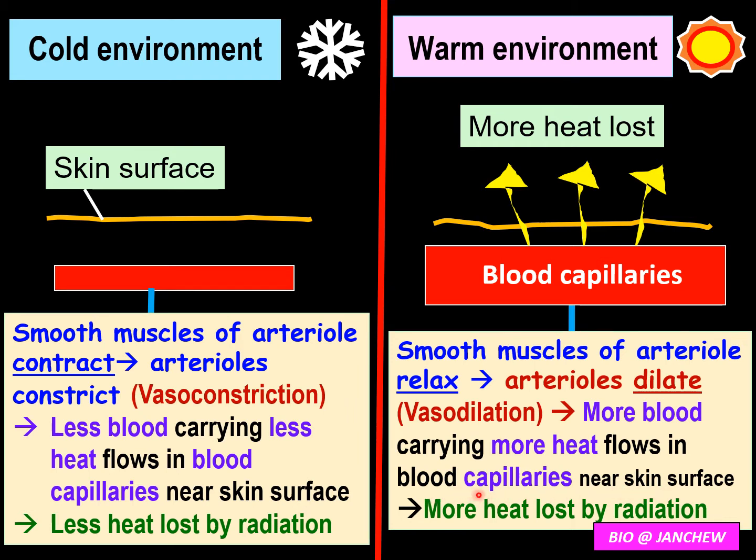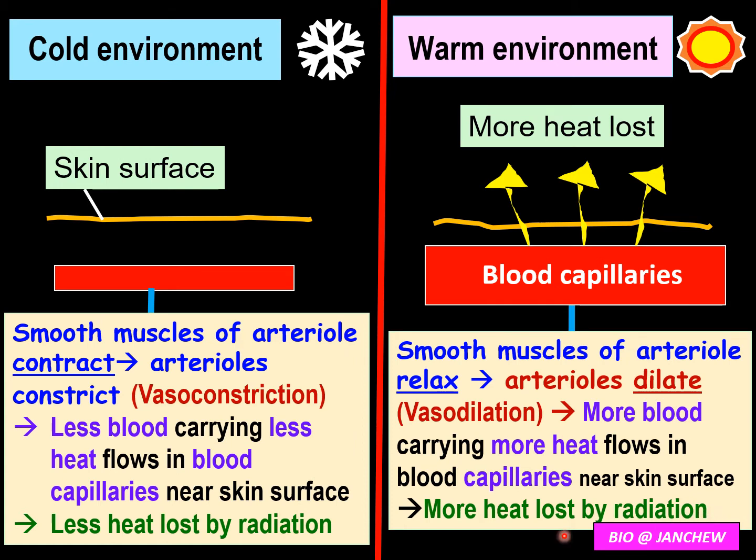These blood capillaries are the branches of the arterioles, so if arterioles dilate and carry more blood, the capillaries will likewise carry more blood near the skin surface, and this blood transports heat in the body. So more heat will be near the skin surface and the heat will be lost by radiation and conduction. This is so that the person can reduce the amount of heat in the body when he's feeling hot.